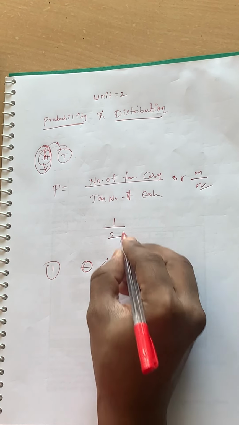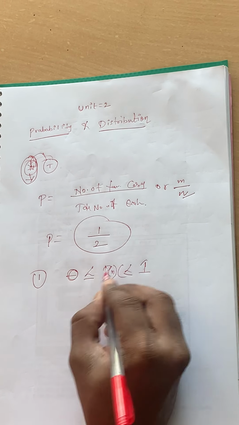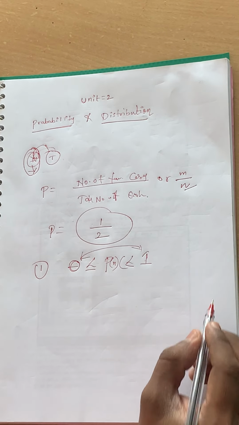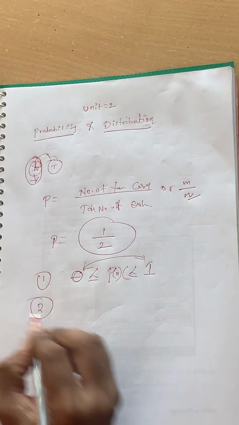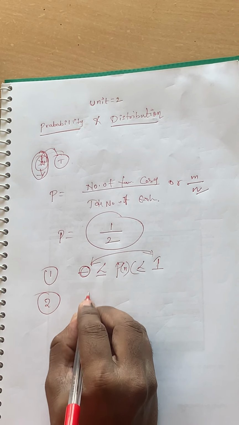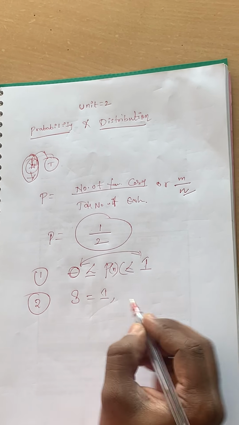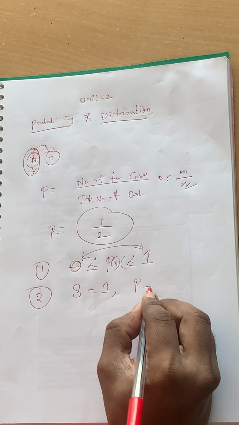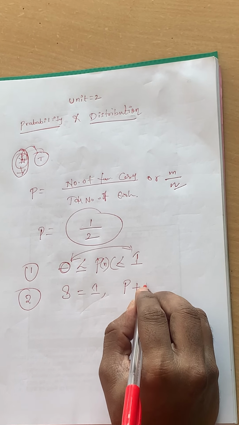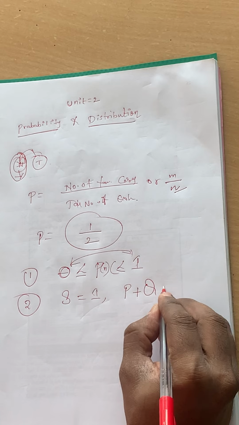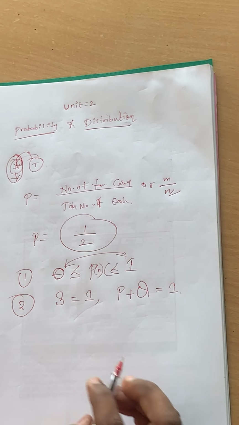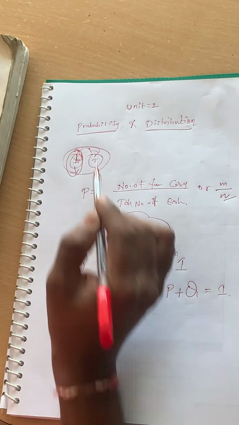That means the probability values lie between 0 to 1 only, not exceeding 1 numerically. The second one is the total sample space equals 1. That means probability of success, denoted by P, and the probability of failure, denoted by Q, equals 1.